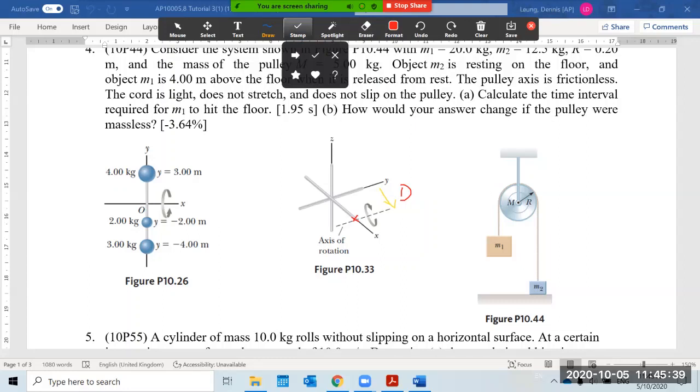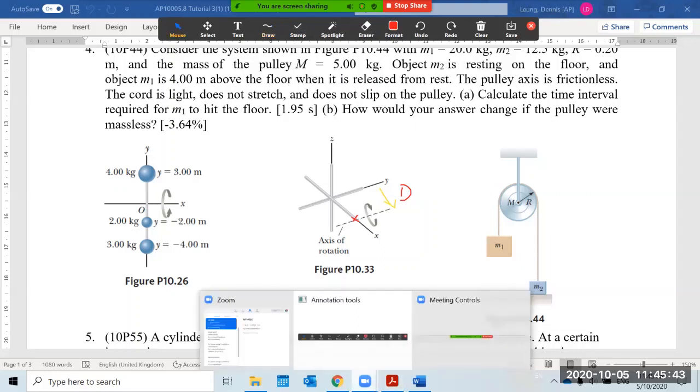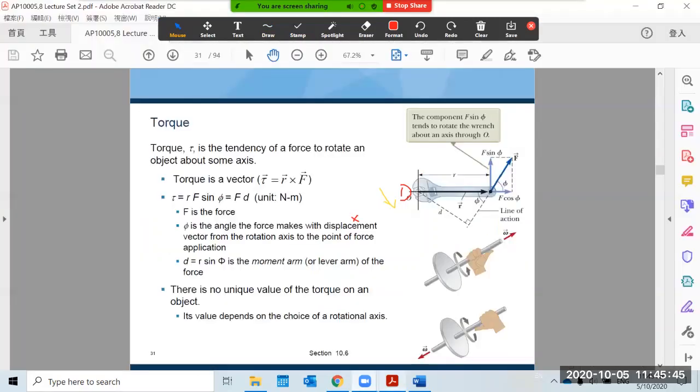Now, in the makeup lecture, we also talk about the equivalent of the force in the rotational motion, and that is torque. The idea of torque is to provide an acceleration in the rotational sense.